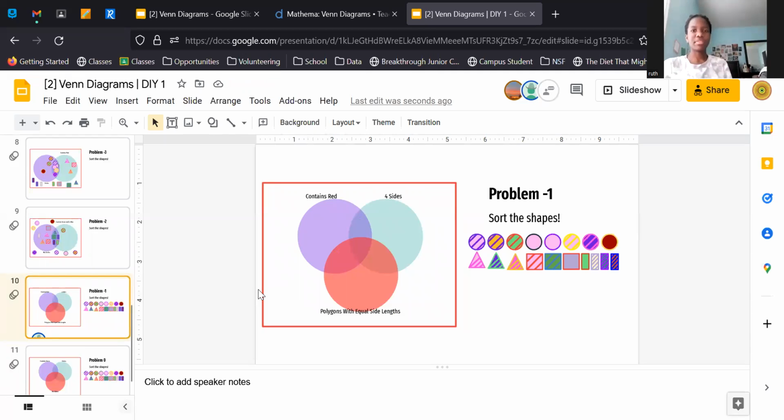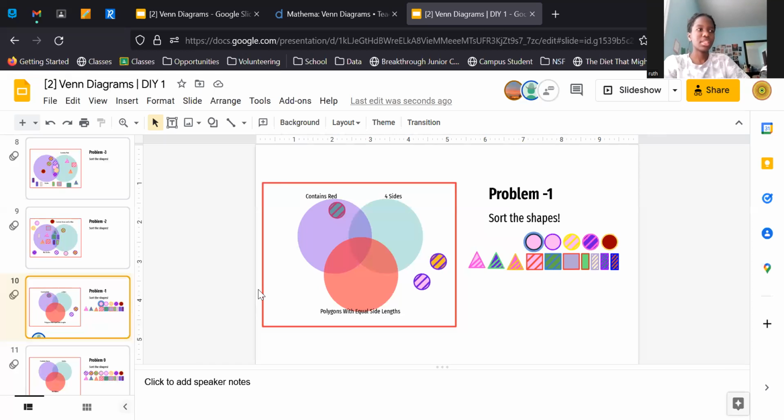Now we have a triple Venn diagram, so it's going to be harder. Basically, this one is not a polygon with equal side lengths. It doesn't have 4 sides and it does not contain red, so it goes here. And this one, again, goes here. This time, this one contains red, so it goes here.